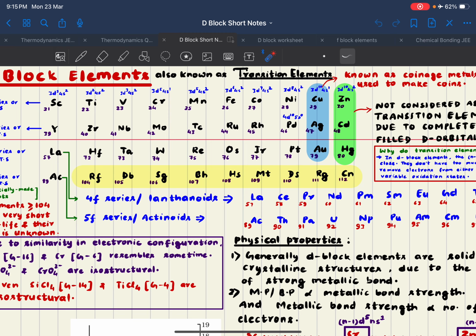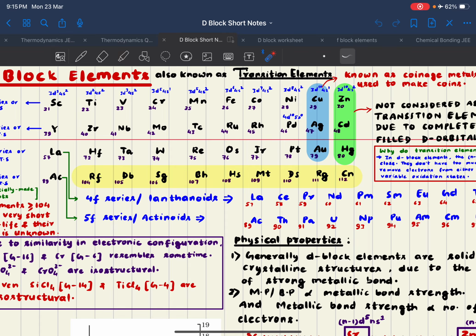So there is a transition in the chemical and physical properties from left to right, and these elements somewhat resemble both the S block and P block. This is one of the major reasons they are called transition elements.